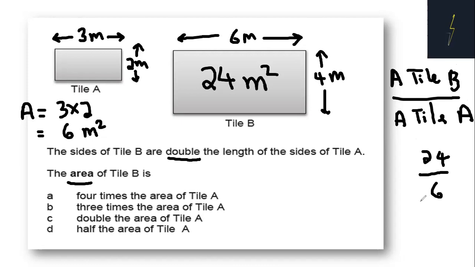How many groups of 6 can I get out of 24? 4. So what do you notice? The area of tile B is 4 times greater than the area of tile A. So what's the answer? It's A.